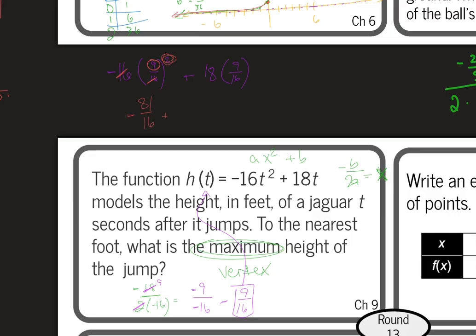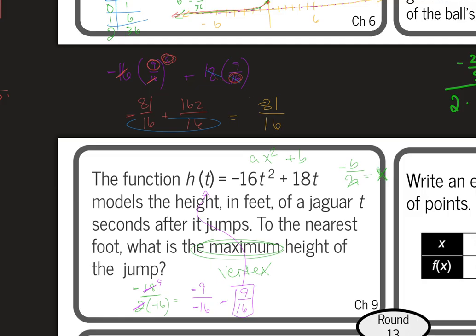And you know what? I'm going to go ahead and leave this 16 alone. I'm not going to cancel at all with those 2. I'm just going to do 9 times 18, which is 90 plus 72. So 162 16ths. And if you're like, why did you not go ahead and do any kind of canceling? Because now I have common denominators, right? -81 plus 162 is actually 81 over 16.